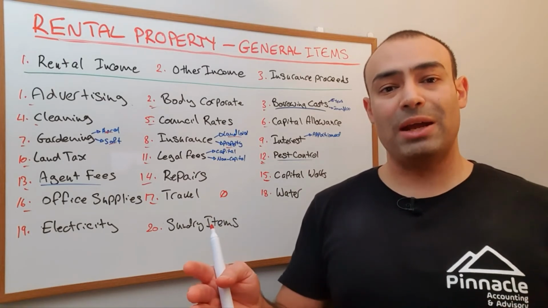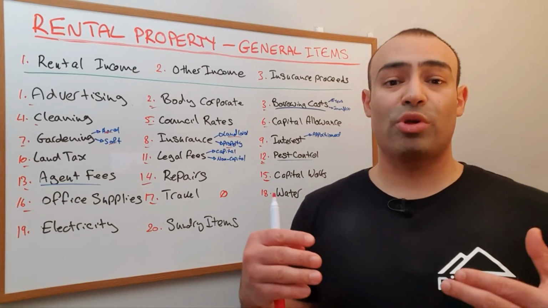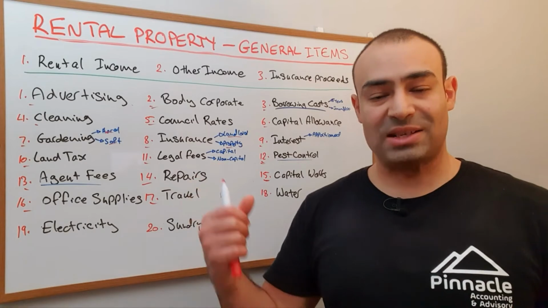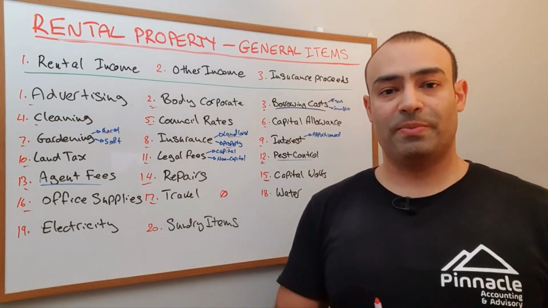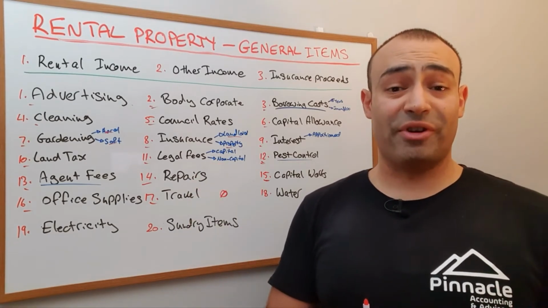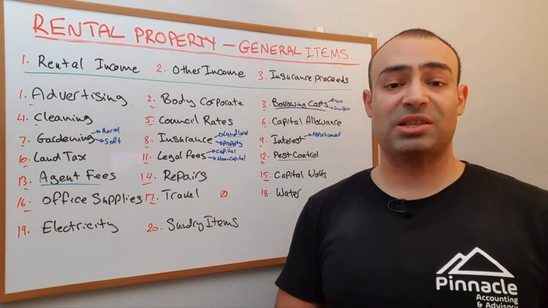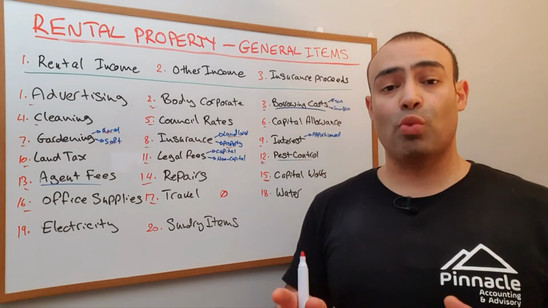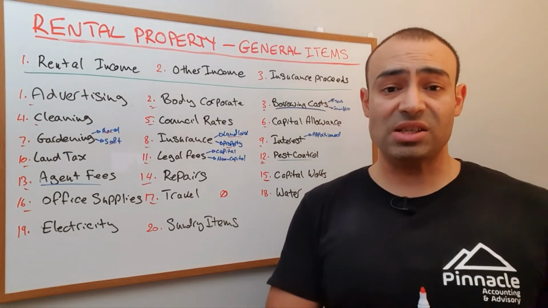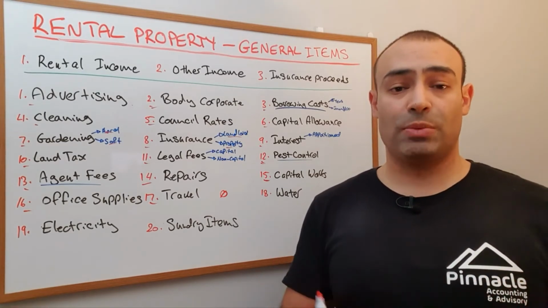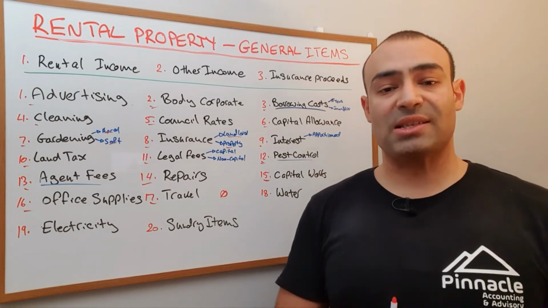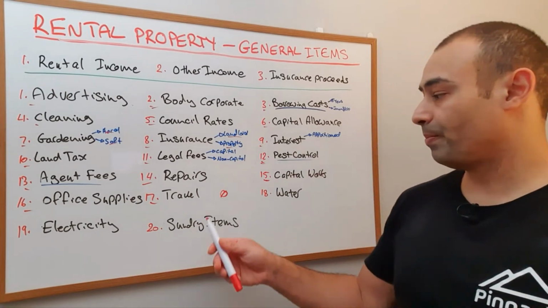And so they would claim the expenses associated with the holiday as an expense here. So they said, enough of that. We are no longer allowing travel expenses to be claimed. It's different when you have a business of renting properties, but we can discuss that in another video.